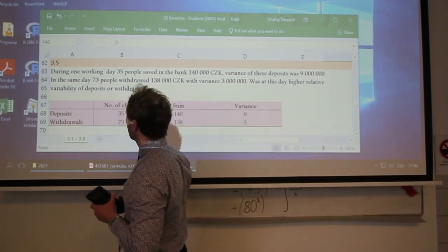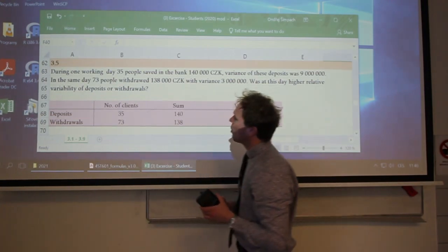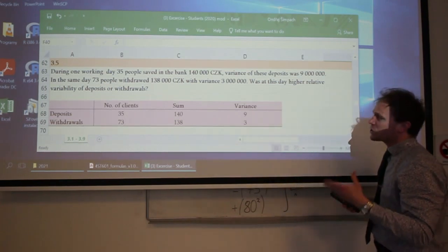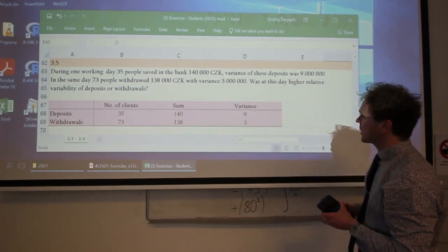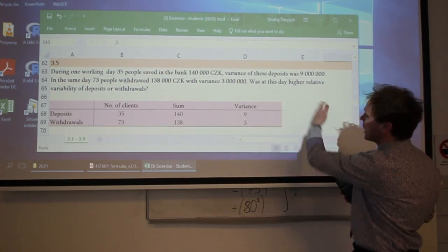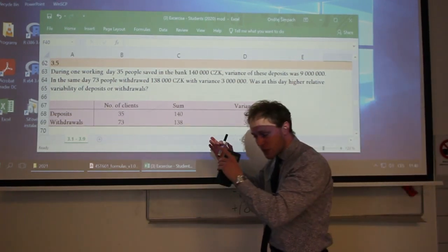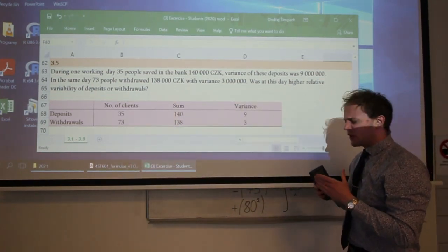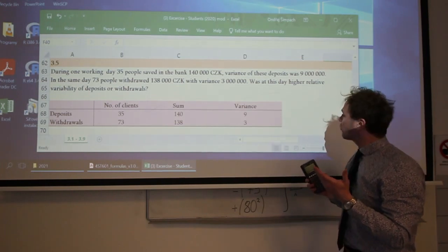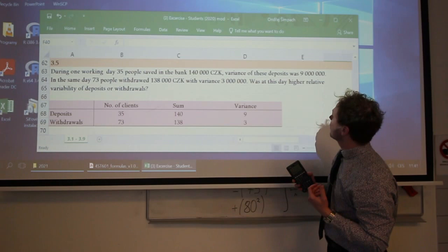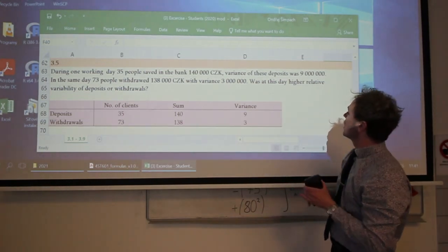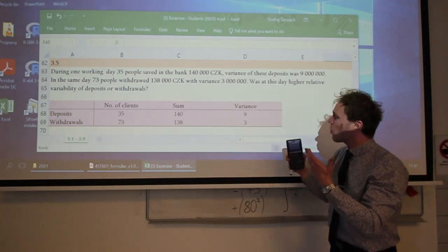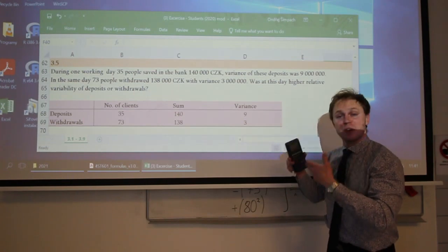In the same working day, 73 people withdrew a little bit less in total, 138,000 Czech crowns, with variance 3 millions. And there is the question: was there on this day higher relative variability of deposits or withdrawals? Again, we must know that we have only one measure of relative variability, and this is the variation coefficient. So we must calculate two variation coefficients and compare them.